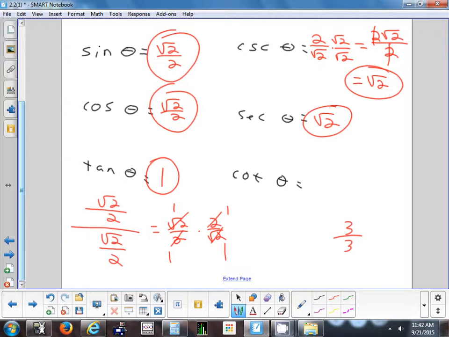When you take the number 1 and you flip it, it stays the same. There's two numbers you can flip and they stay the same. 1, and does anyone know the other number? -1. Those are the two numbers. If you flip them, they don't change. Questions on that?